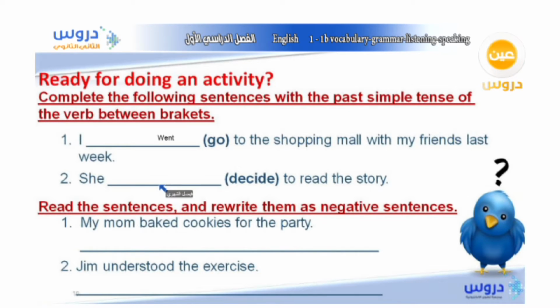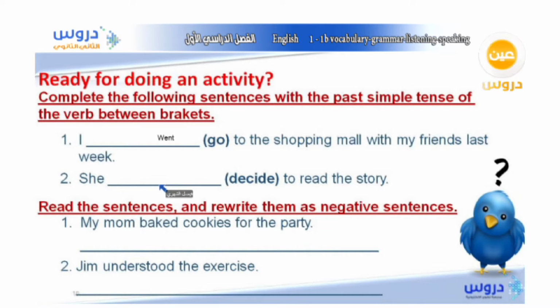Okay. Let's check the answers together. You say went, the second form of the word go, to the shopping mall with my friends. She decided, if you notice, we add only D here because there is already E in the sentence, to read the story. And the negative sentences: my mom did not bake.